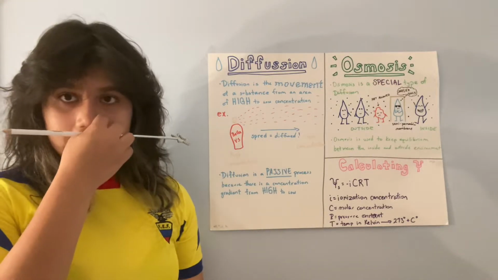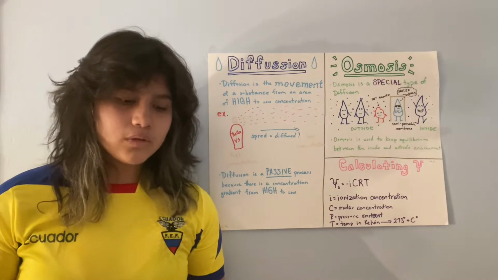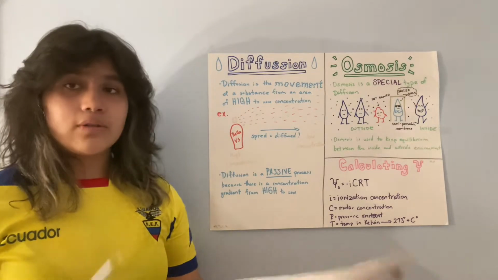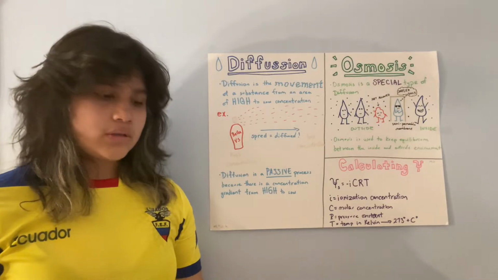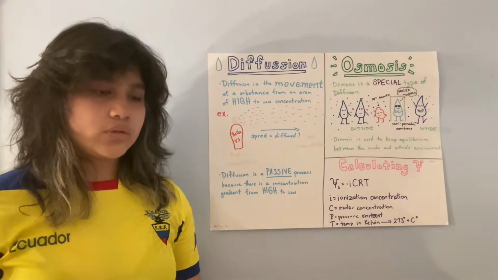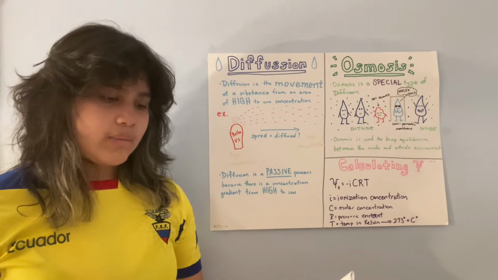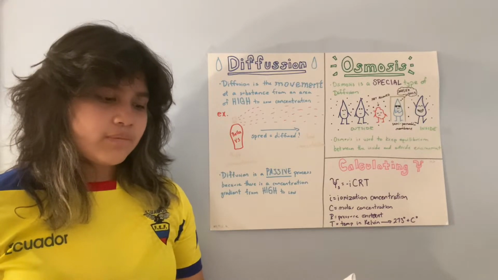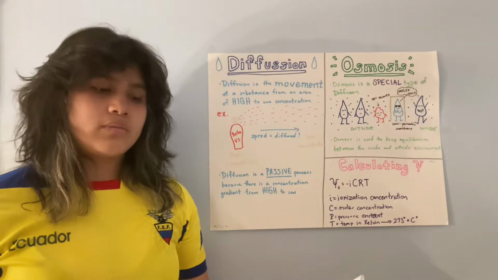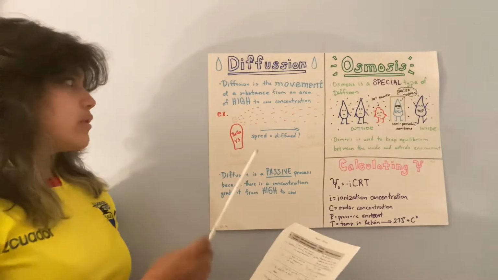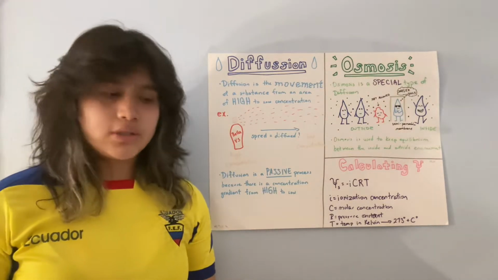I initially said that the net flow of the water would be from outside the solution into the cell. However, it would be from in the cell to the solution because the water diffuses again from high to low concentrations.